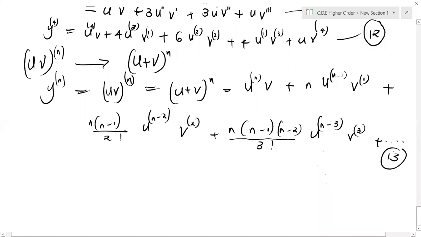Call this equation number 13. This equation number 13 is a statement of Leibniz theorem, which can be used to differentiate a product n times.